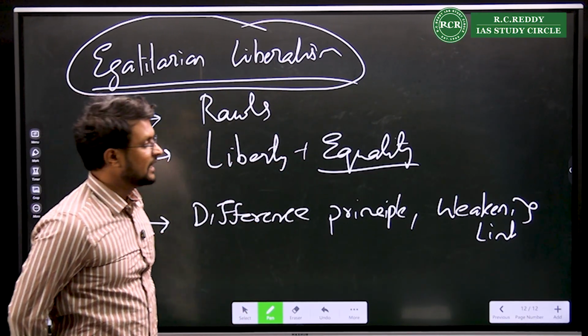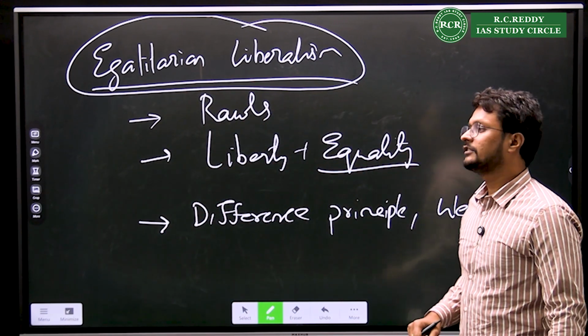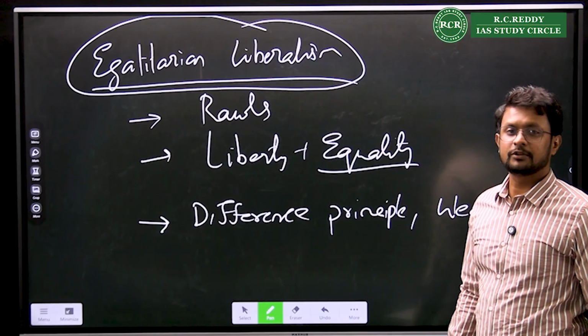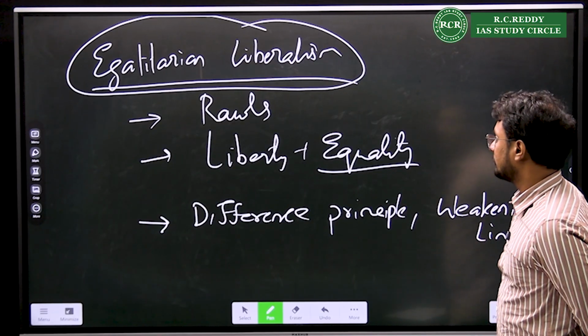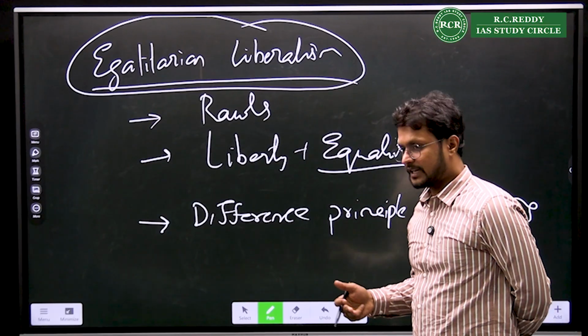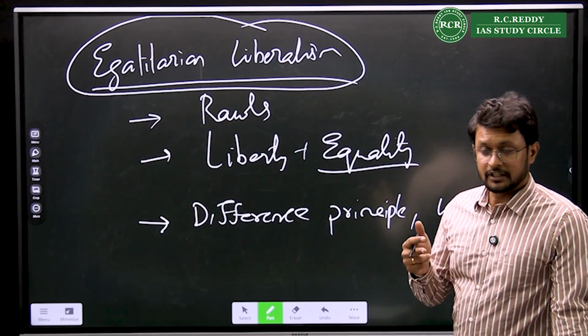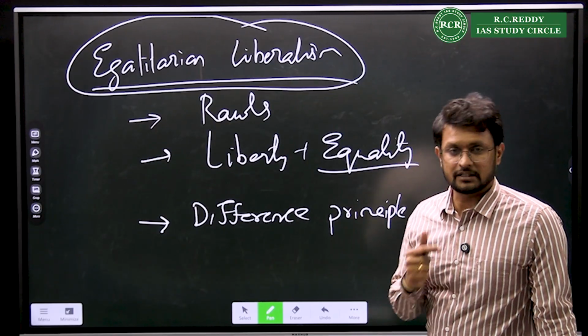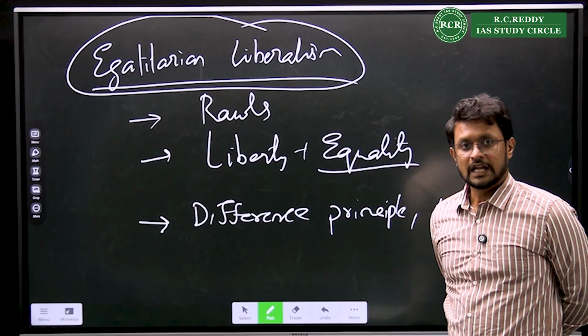In this way, the different strands of liberalism try to focus on the concept of liberty. You have seen classical liberalism, positive liberalism, utilitarian liberalism, libertarianism, neoliberalism, and egalitarian liberalism.